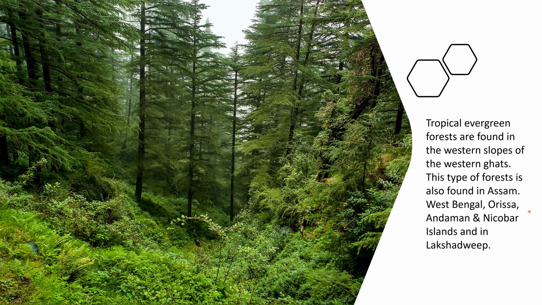Here, the temperature is about 25 to 27 degrees centigrade, and these are the areas which are having the tropical rainforests like Assam, parts of southern West Bengal, northeastern Orissa, the Andaman and Nicobar Islands, and the Lakshadweep Islands.